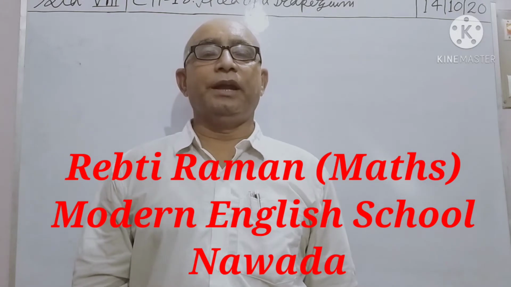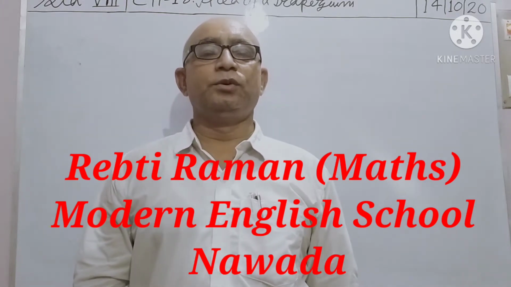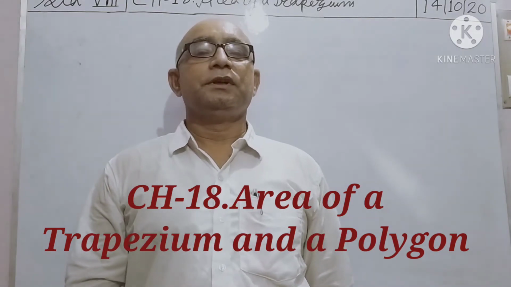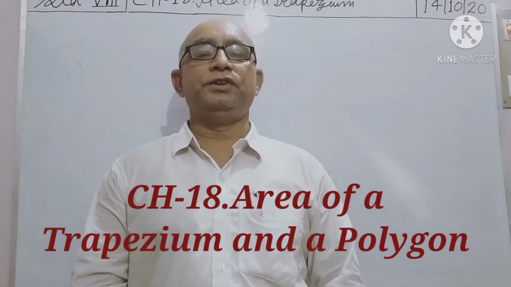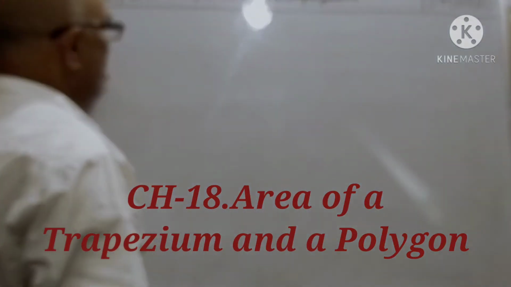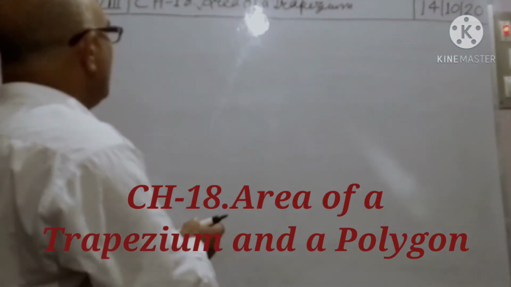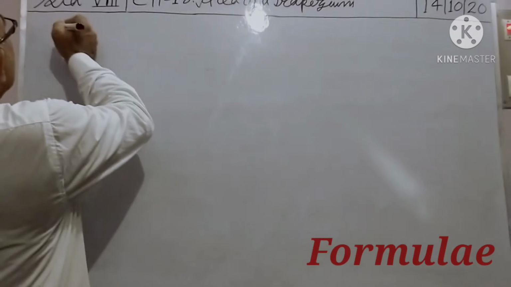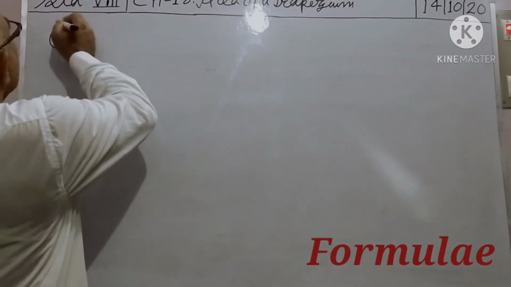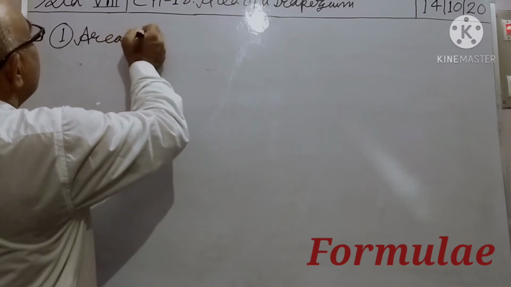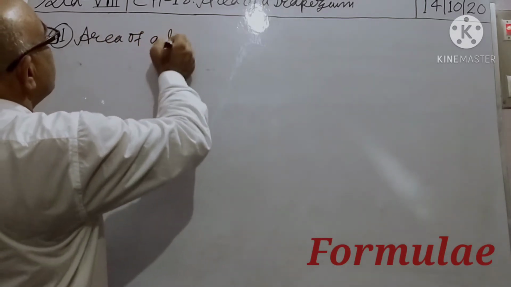Students, today I shall discuss with you chapter 18, area of a trapezium and a polygon. The important formulas of this chapter are: first formula, area of a triangle.